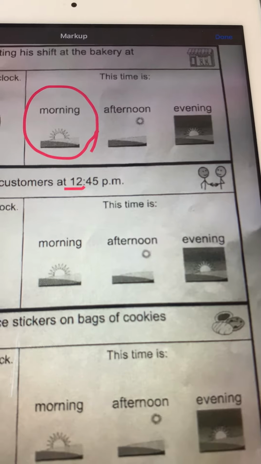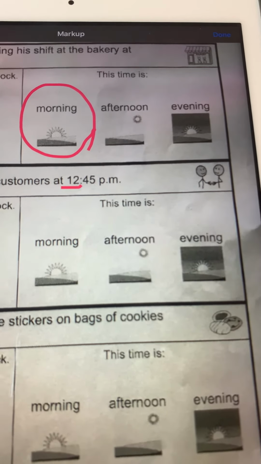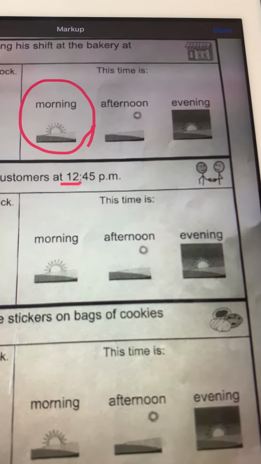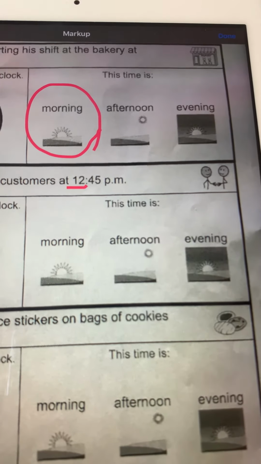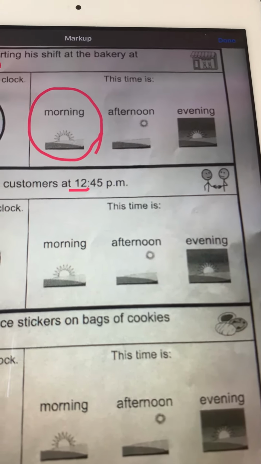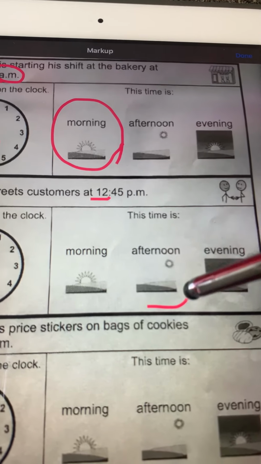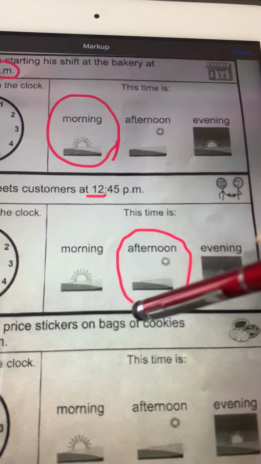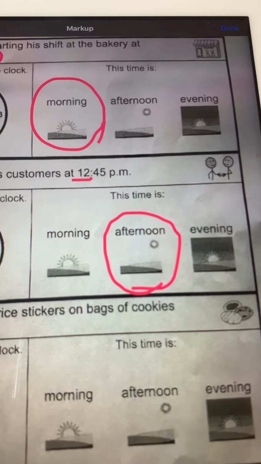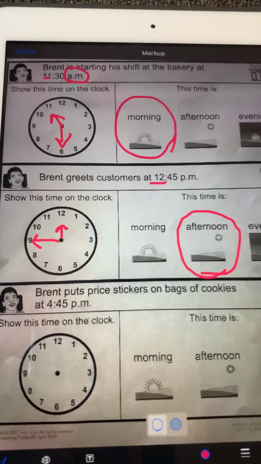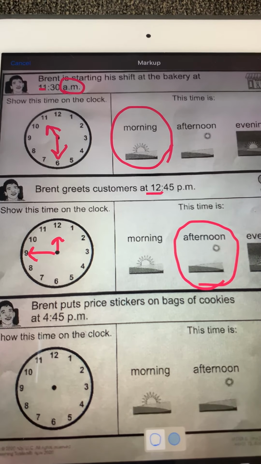And remember, anything with the AM is going to be the morning. But this is 12:45 p.m. So it's not quite after 5 o'clock. So we're going to circle it's the afternoon. Okay, so that's what you should have on your paper so far.